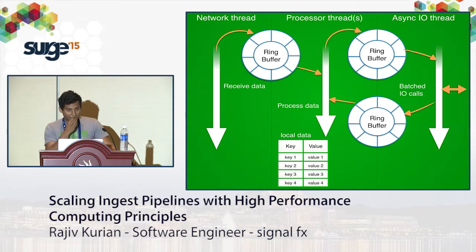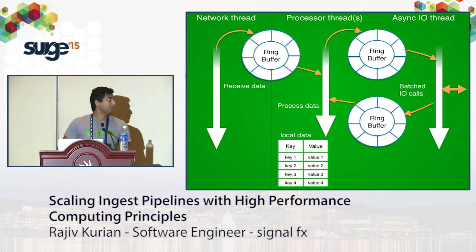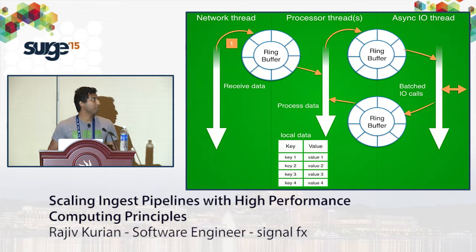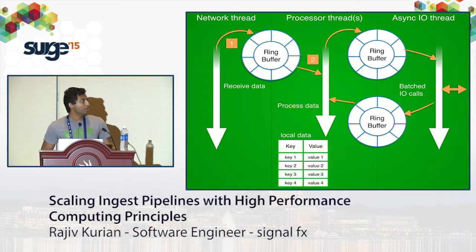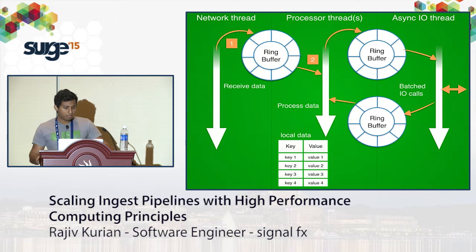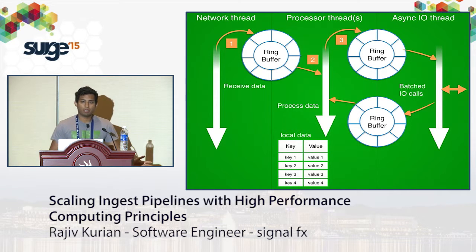So here's a slightly more complex setup. Again, you have your network in thread. It gets data. It sends it via a ring buffer to a processor thread. The processor thread tries to process it synchronously. If it can't, sometimes it needs, let's say, external resources. So it just stashes that data when that happens, and it sends a request to another thread, which will do the I/O for it, and it moves on.